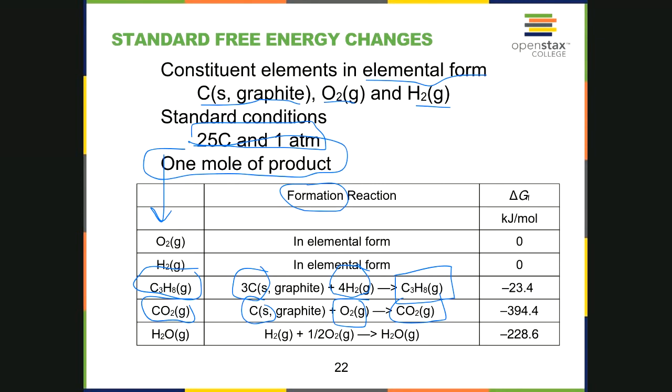So we're going to have H2, and then a plus, and then O2, an arrow, and then the H2O.